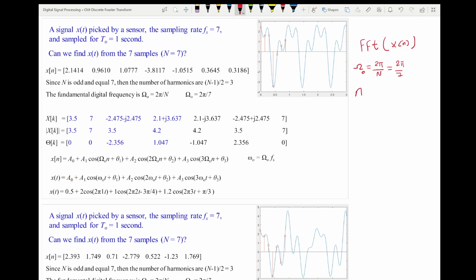Well, the DC equals x of 0 over n, where x of 0 is the magnitude and n is the number of samples. So that's this one. The next step is to calculate the amplitude of the first harmonic. Well, this is the first harmonic, and the magnitude is 7.